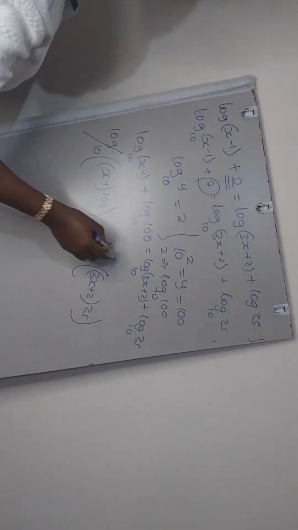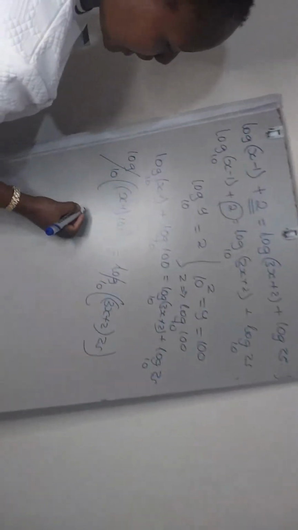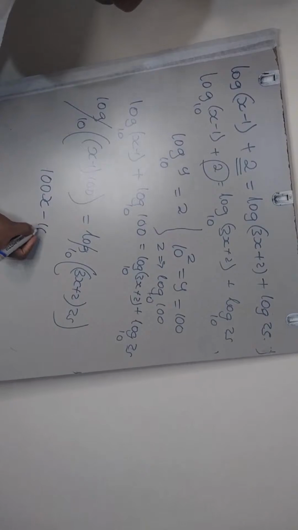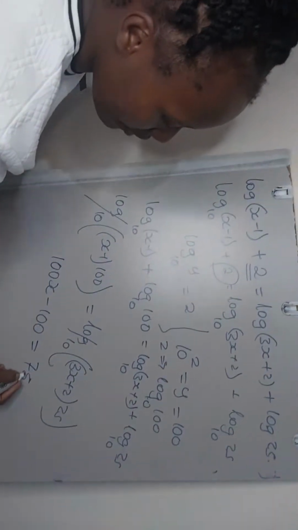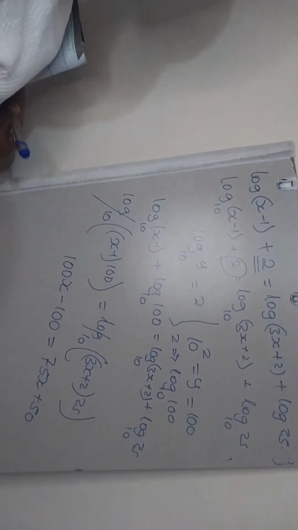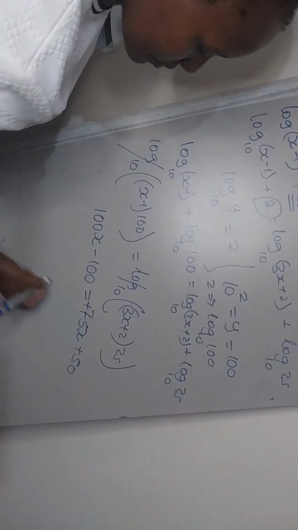We cancel the logs and remain with a simple sum, which says 100 times x giving us 100x minus 100 is equivalent to 75x plus 50.